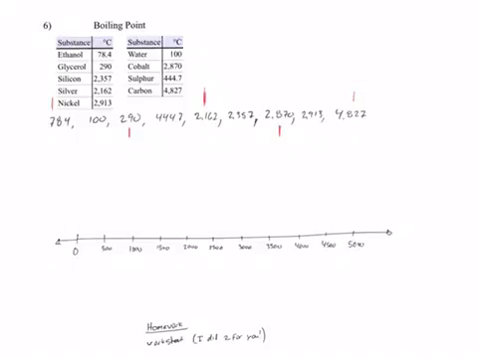So this first one is going to be down here. I'll write in that 78.4. The next one's at 300, almost, so it's going to be here. Next one's going to be just over 2,000.